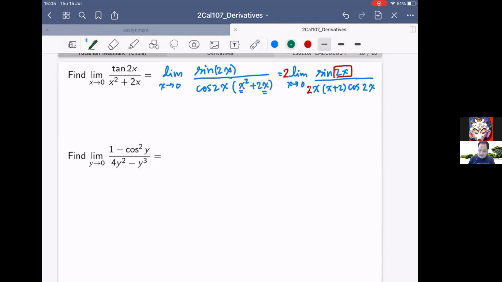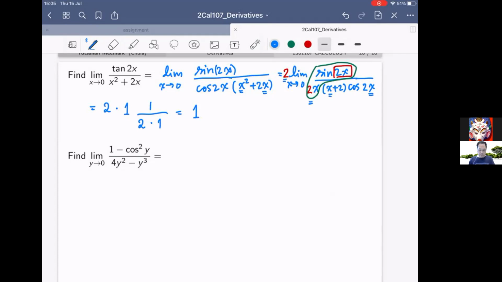So here, sine of 2x over 2x, as x goes to 0, is sine 0 over 0 with the same 0. So you got a 1 out from this, and then 1 over, as x goes to 0, you have 2, and cosine 0 is 1. So you have 1 out of it.